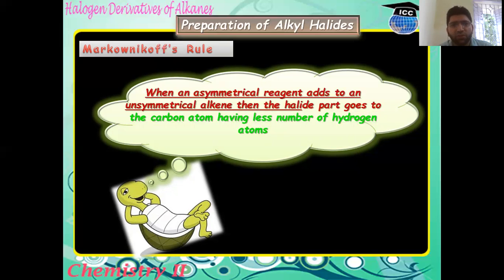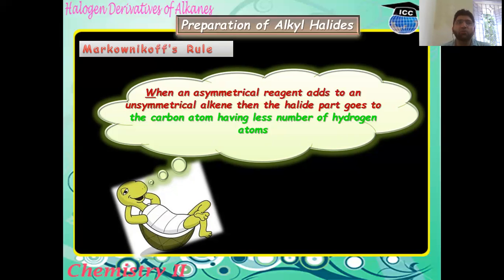But the problem arises when we have an unsymmetrical alkene. If the alkene is symmetrical, we can get a single alkyl halide as a major product, and there is no problem.